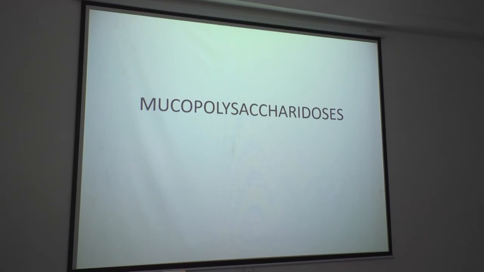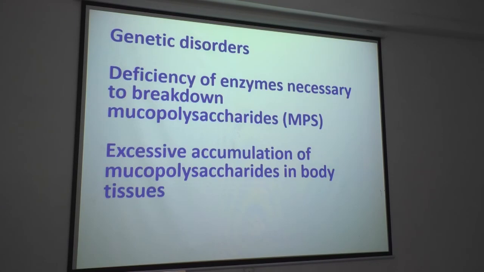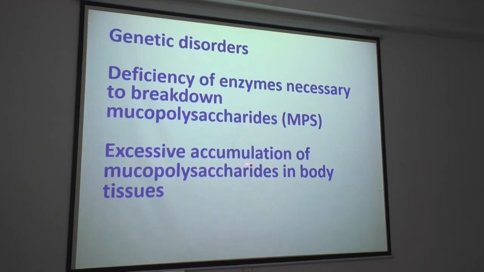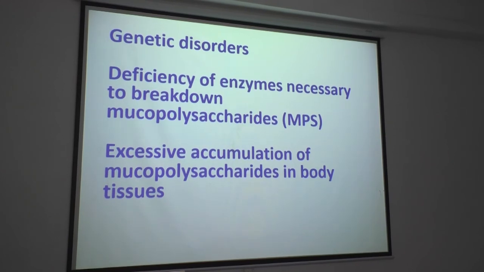It is an inborn error of metabolism due to defective metabolism of glycosaminoglycans, caused by deficiency of enzymes that break down the polysaccharides. The term is MPS: MPS 1, 1A, 1B, 2, 3, 4, 2 types. Excessive accumulation of glycosaminoglycans in the body tissues causes different disease conditions.